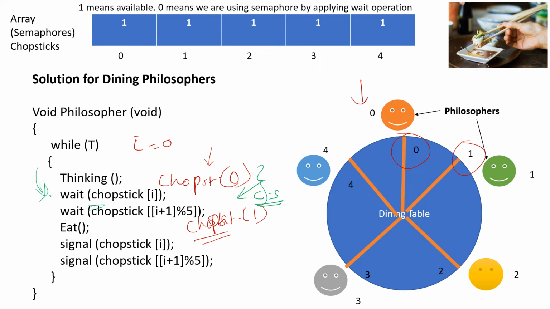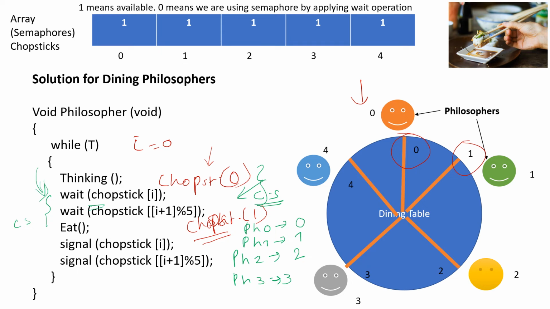Again, in between these two, context switching happens. Similarly, philosopher 2 gets chopstick 2, philosopher 3 gets chopstick 3, and so on.